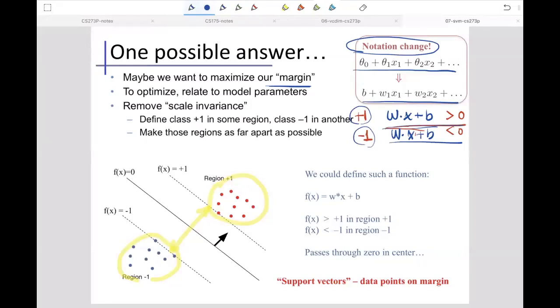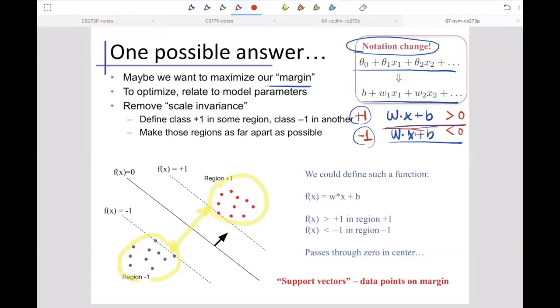In this type of linear model, we know there's one thing here: there's a redundancy in the model. What I mean by the redundancy is this. I have the Wx plus b here. Suppose now I double the values of W and double the values of b. Will that change my classifier?